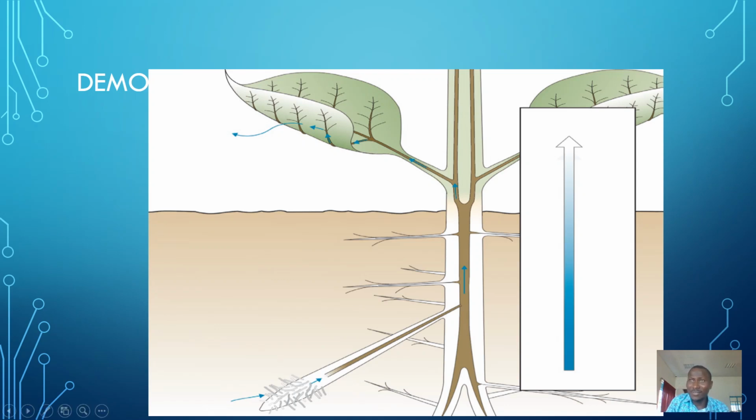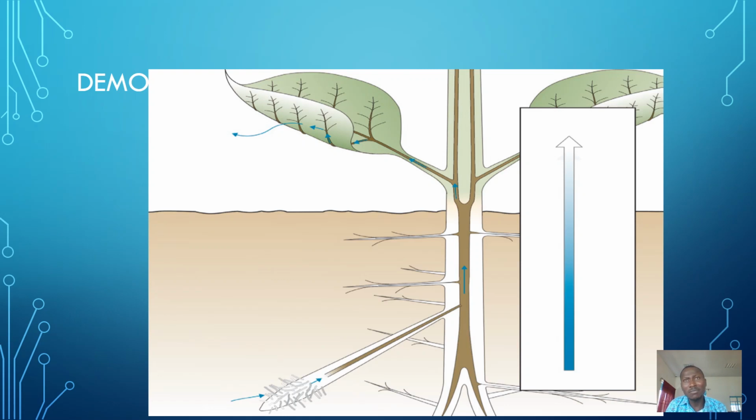Therefore, the cells of the plant leaves are going to absorb more water from the surrounding cells, creating a tension which is going to pull water up from the soil to the tall plant.